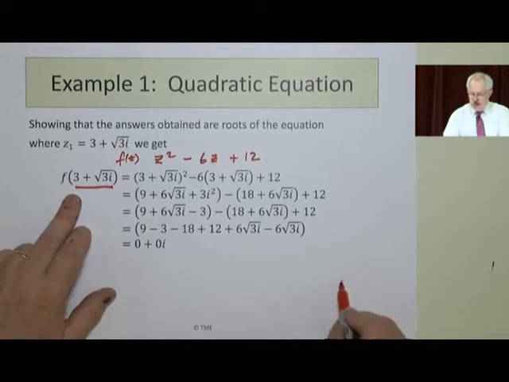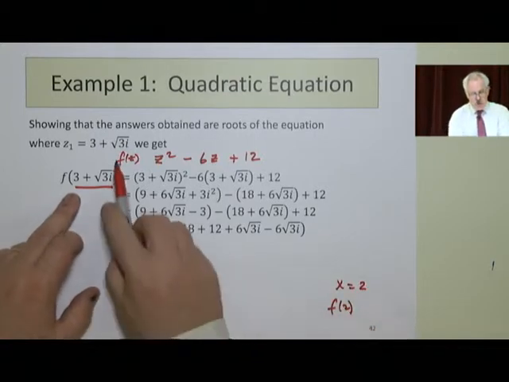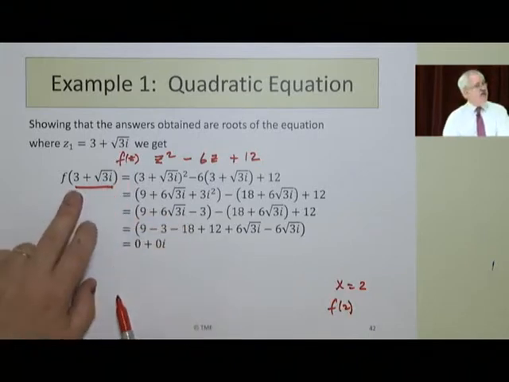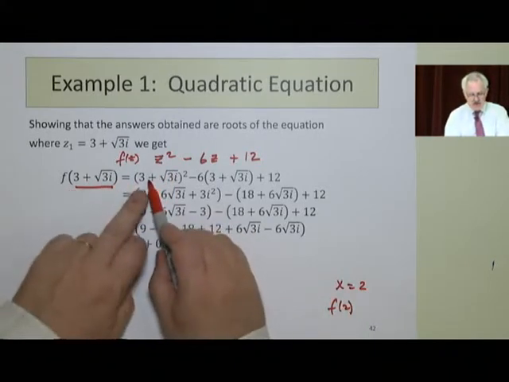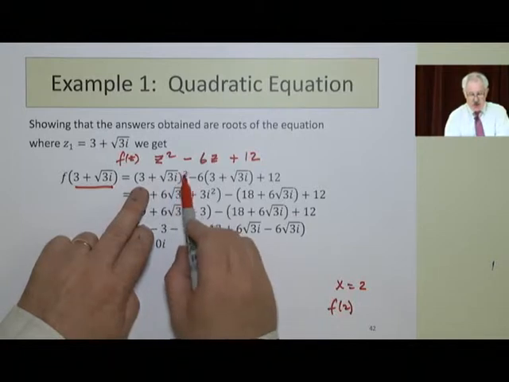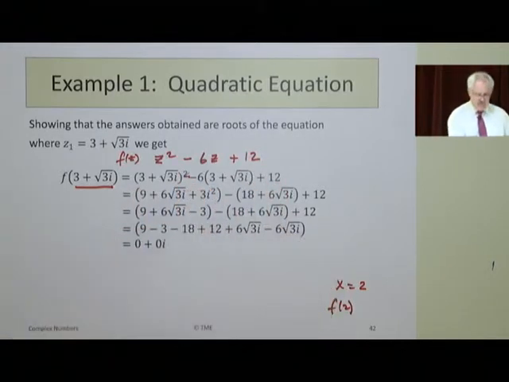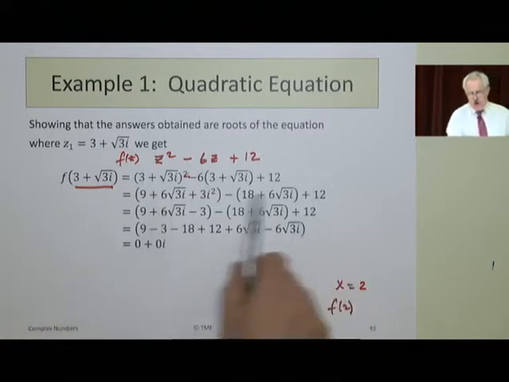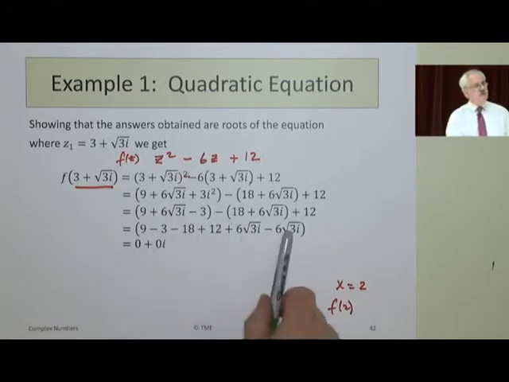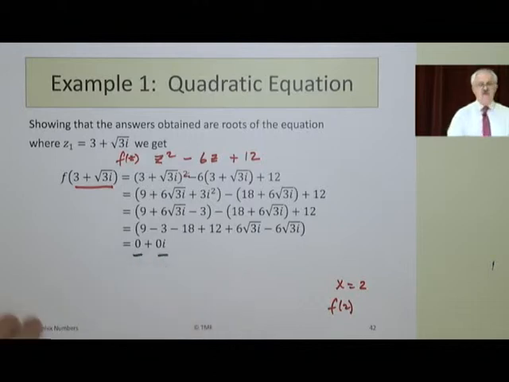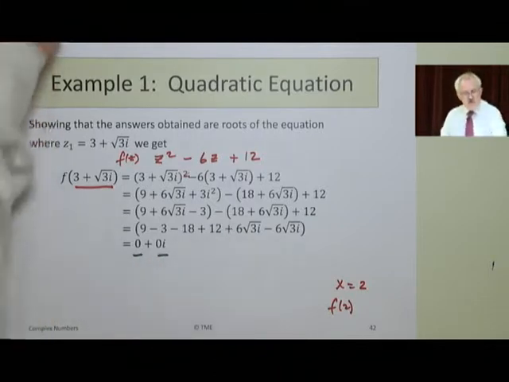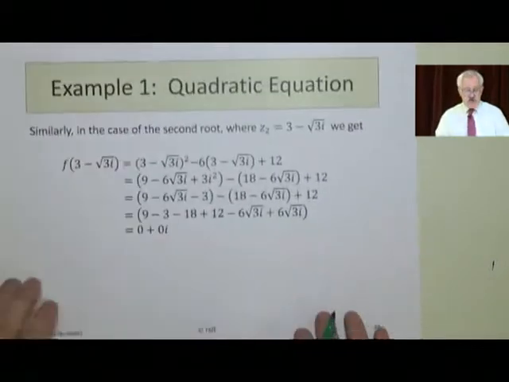Like we did when x was 2, we'd say, what's f of 2? So when z is this, what's f of that? Anytime we see a z, we put in the value. If it's squared, we square it. If it's minus 6 times it, plus 12. If we do all the calculations for that, what do we find? 0 plus 0i. It is a factor. The same for the twin, because it had to be.